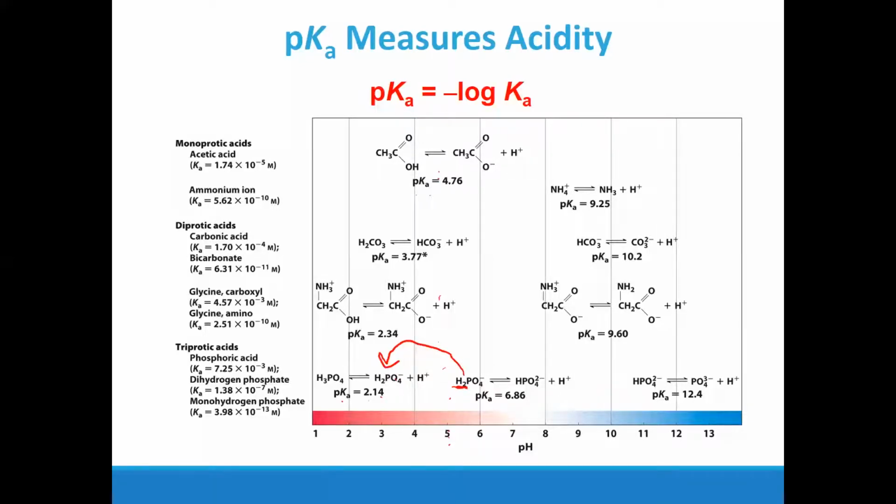Now, the ability of H2PO4-, the conjugate base from our prior reaction, to dissociate its next proton is going to happen in a little bit more basic range. Its pKa is around 6.86. And even further, if you want to try to dissociate that very last proton off from this conjugate base, its pKa is 12.4. Again, way further in this basic range.